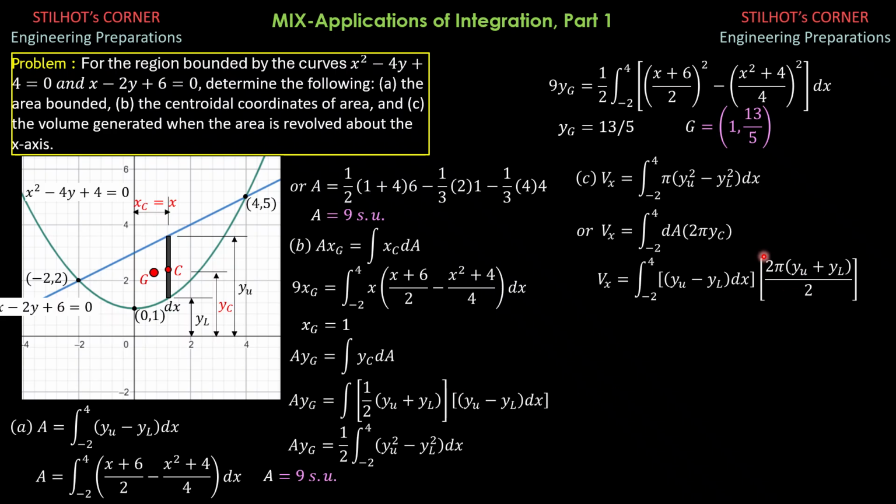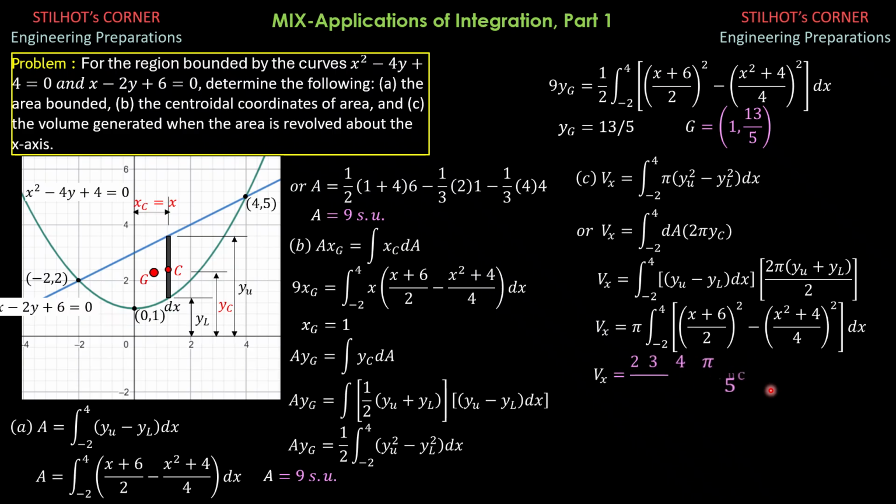So cancel out 2, and if you simplify, that gives us the same expression as this. So we substitute pi times the integral from -2 to 4 of ((x plus 6)/2) squared minus ((x squared plus 4)/4) squared dx. Using your high-tech calculator, v sub x is 234 pi over 5 cubic units.